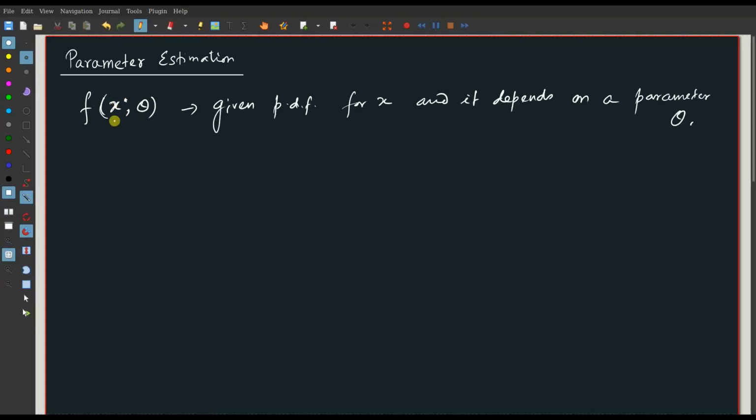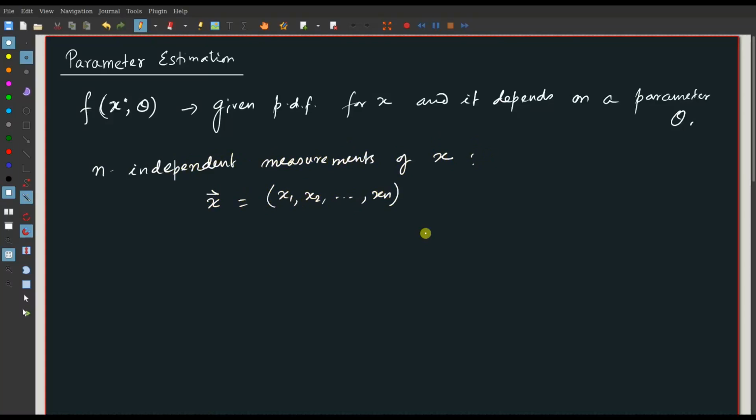Now suppose you do a measurement on this x, okay, so you do n independent measurements of x, and that you denote by this vector x equals x1, x2, up to xn.